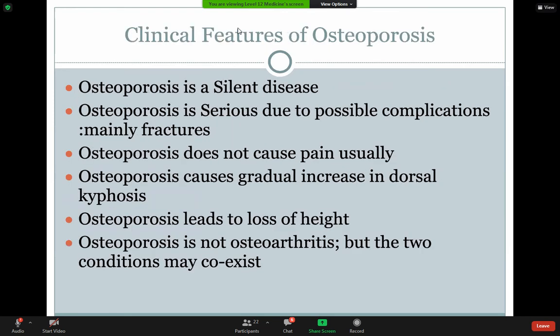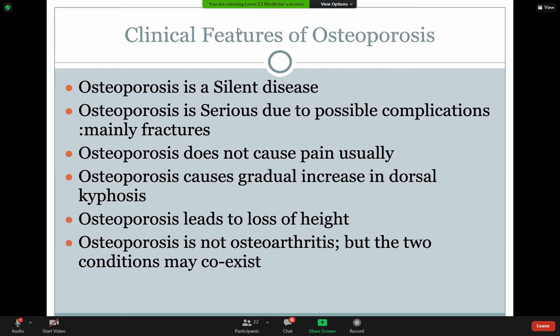Clinical features of osteoporosis. Osteoporosis is a silent disease, okay? So it is serious due to possible complications, mainly fractures. Osteoporosis does not usually cause pain, and causes a gradual increase in dorsal kyphosis. That's why you see older patients who have kyphosis and are leaning over.